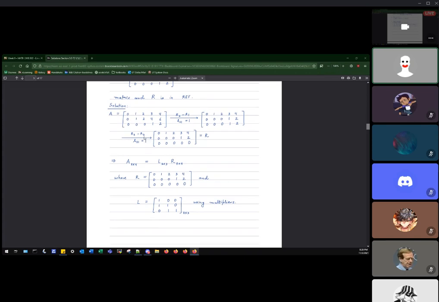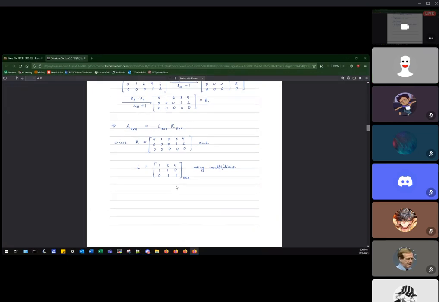For example, this matrix A can be reduced to this matrix R using two elementary row operations, R2 minus R1 and R3 minus R2. Then the elimination matrix would look like this. So you have the multiplier corresponding to R2 minus R1 and the multiplier corresponding to R3 minus R2.